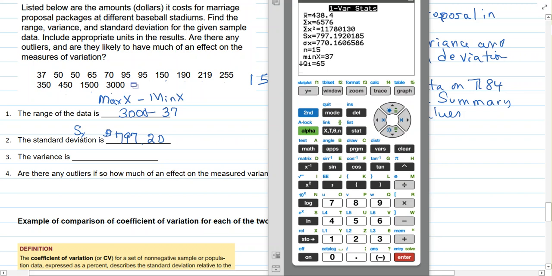So money is in 2 decimal places. So then we need the variance. Now, the variance is going to be the square of the standard deviation to 4 decimals. 797.1920 squared.